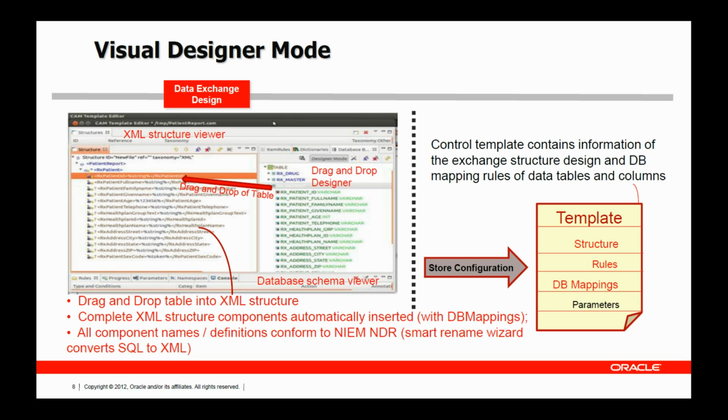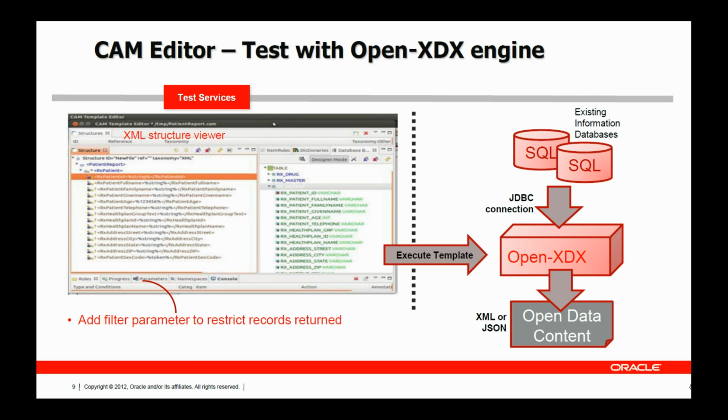So once you've built that, then you're going to store that into the template with all the various rules that we were saying before, the mappings, the structure, and the rules, and any parameters that you may be using. And so we're going to walk you through doing this. And then, of course, once you've got it set up, you can go ahead right in the visual environment and test this.